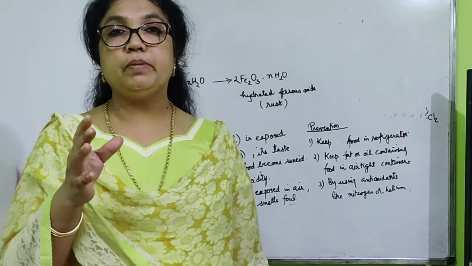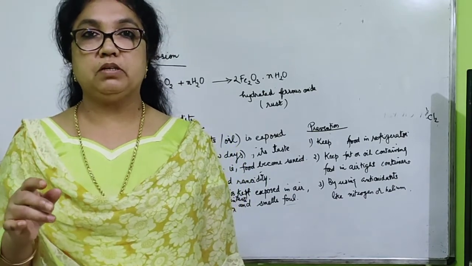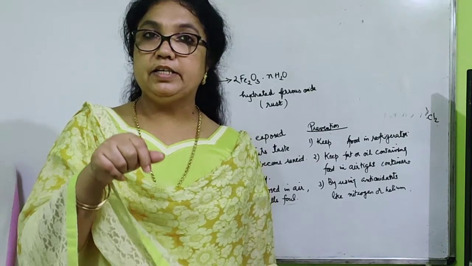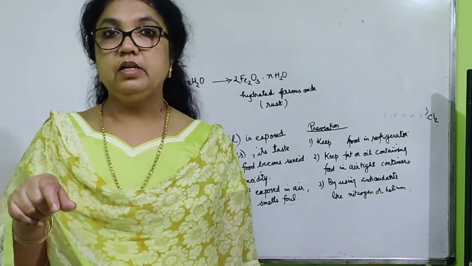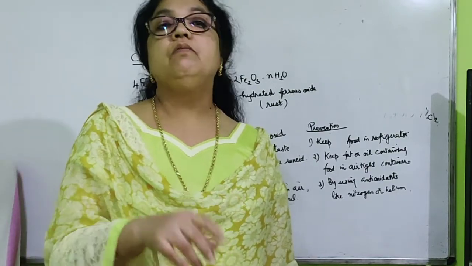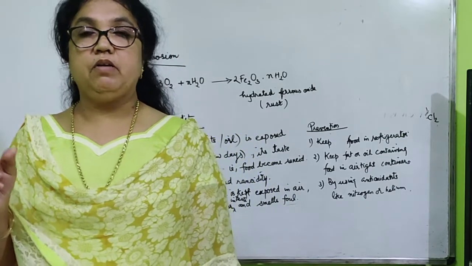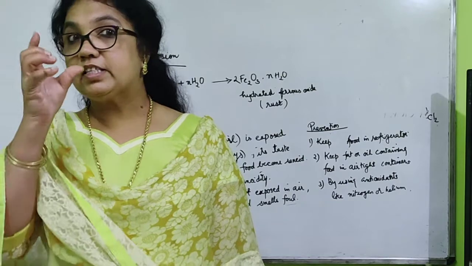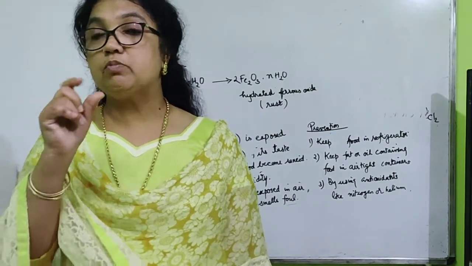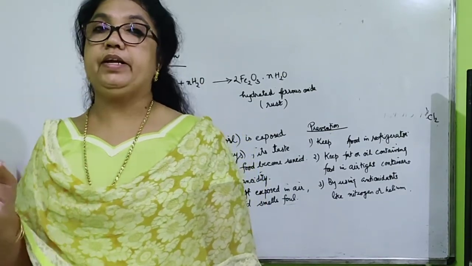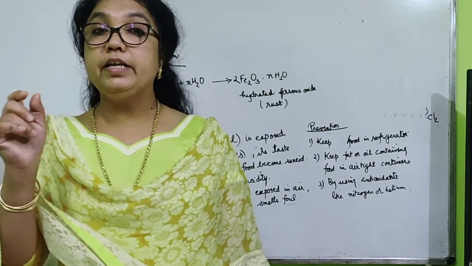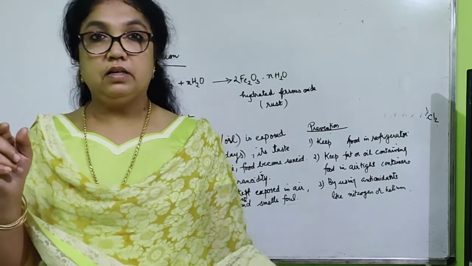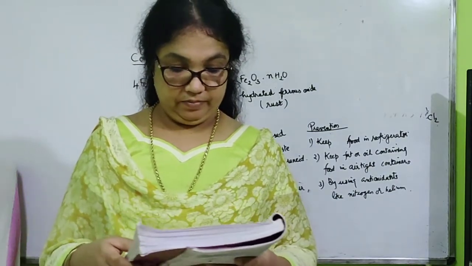Iron is a more reactive metal than copper, so it displaces copper from copper sulfate solution. Copper sulfate solution is blue, and its color fades and becomes pale green because ferrous sulfate is green.